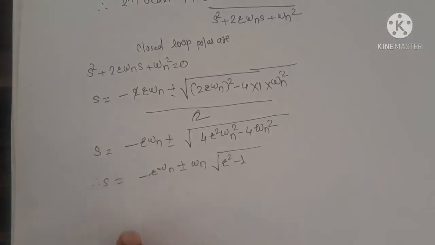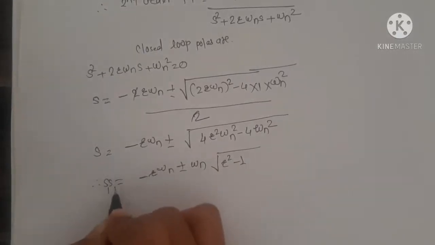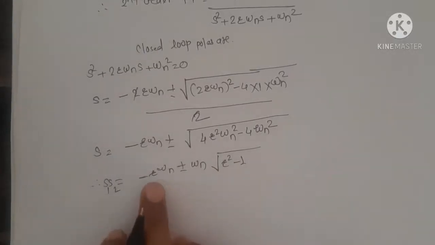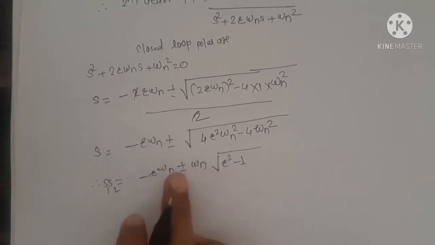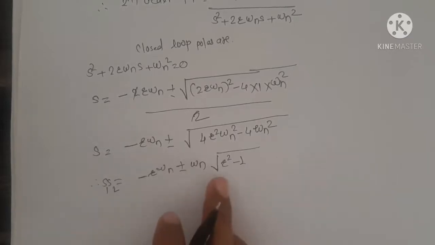So from this equation we observe that the 2 poles' position depends on the value of eta, because the natural frequency is constant, so it depends on the damping factor.